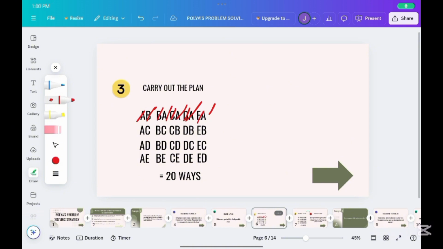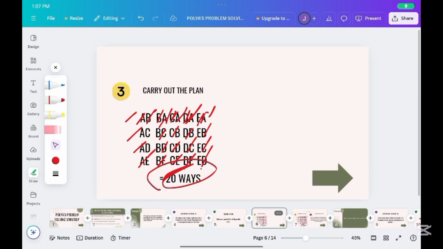So let's count now all the possible ways. 1, 2, 3, 4, 5, 6, 7, 8, 9, 10, 11, 12, 13, 14, 15, 16, 17, 18, 19, 20. So all in all, 20 possible ways.